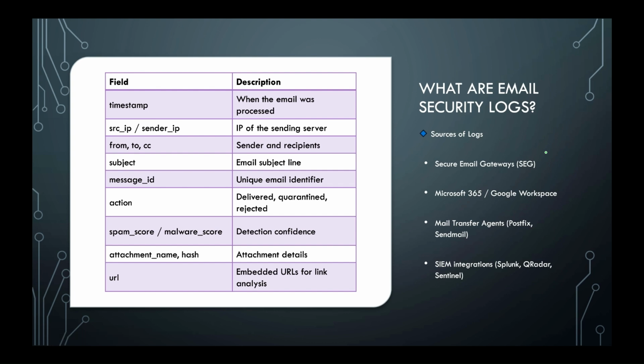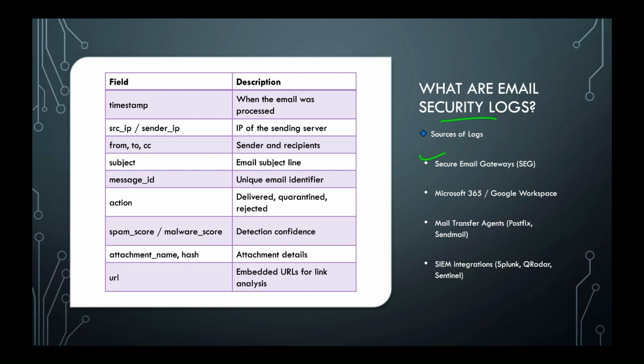So what are email security logs? Now let's talk about email security logs. Email security logs are like a diary, a record of every single email that enters, leaves, or gets blocked in your system. You will find them in tools like Proofpoint, Mimecast, or M365 Defender.